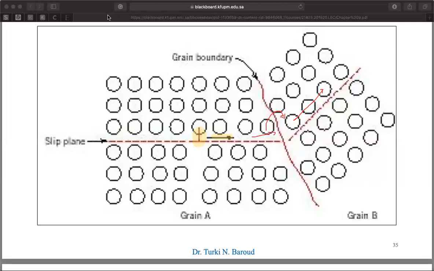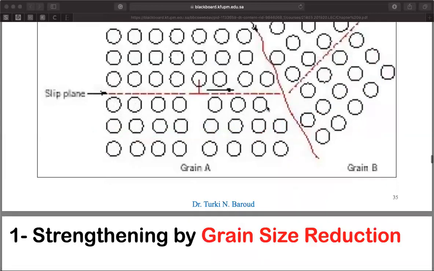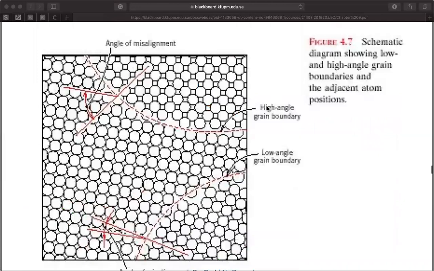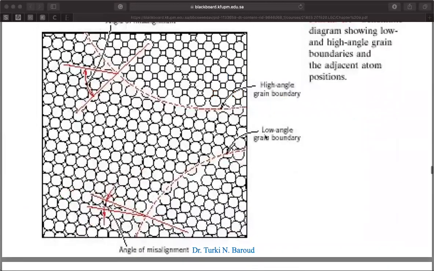Let me take you to the next slide here. If you remember in the previous lecture, in chapter 6, we talked about low angle grain boundaries and high angle grain boundaries. In a low angle grain boundary, there is not much difference in the crystallographic orientation of the 2 grains.